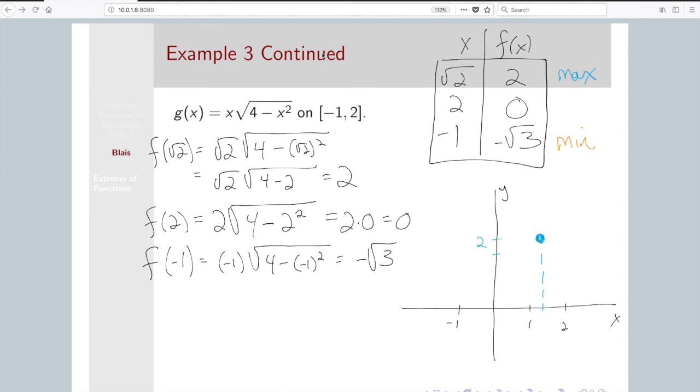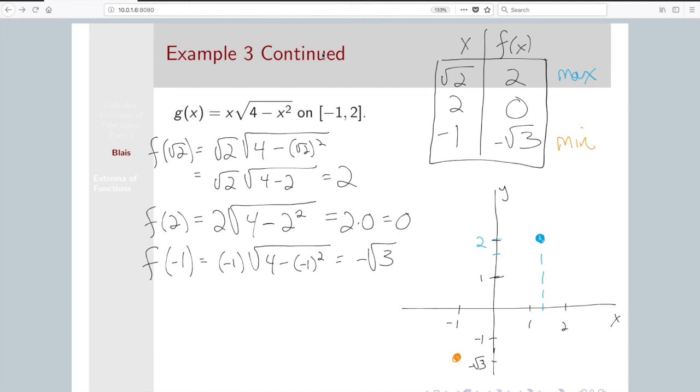So there was our max. Our minimum value was occurring at x equals negative 1, and it was minus root 3. So down here, we have this minimum value.